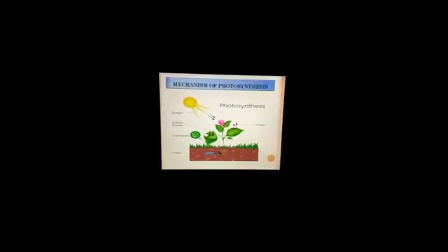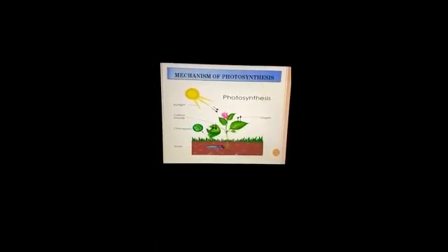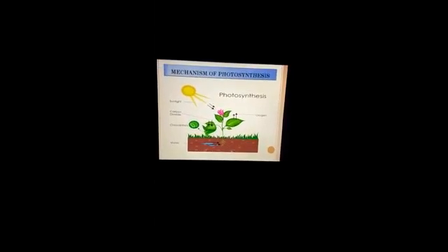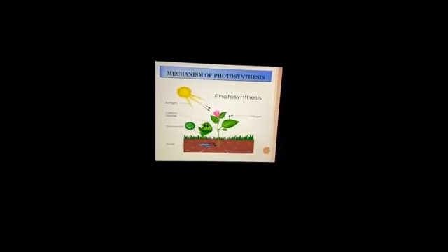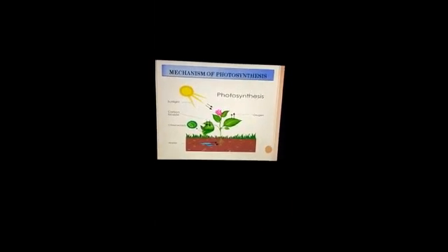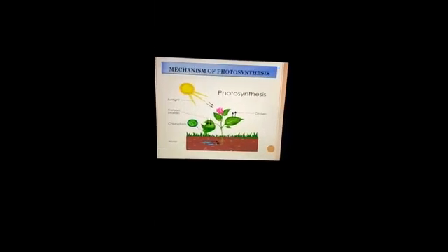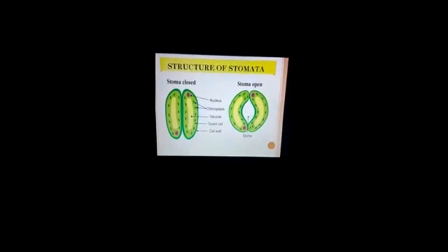Mechanism of photosynthesis. Plants trap the sunlight and carbon dioxide from the atmosphere as well as water from the soil. By combining all these things, they carry out the process of photosynthesis. This is the structure of stomata.